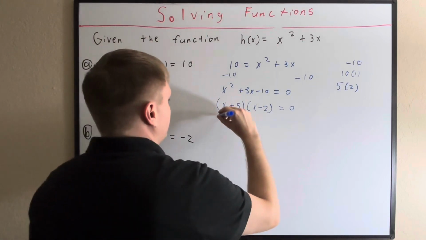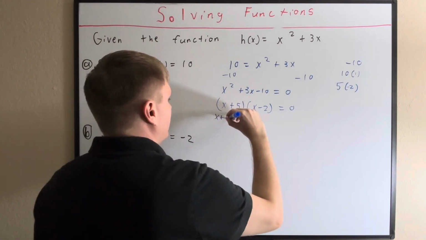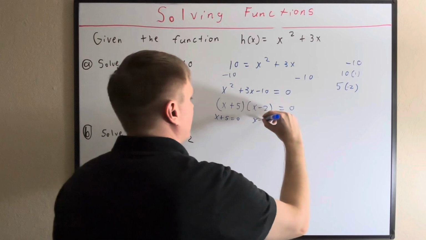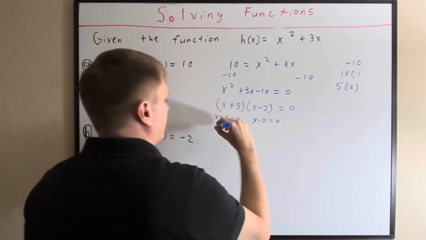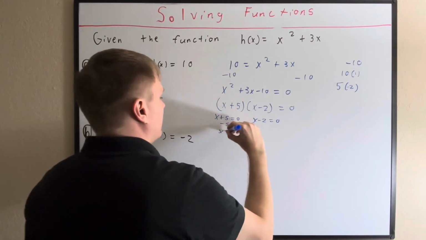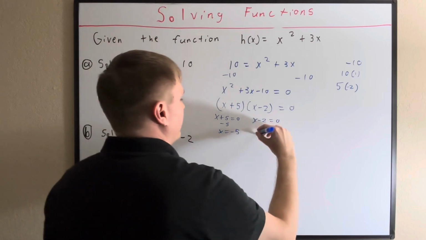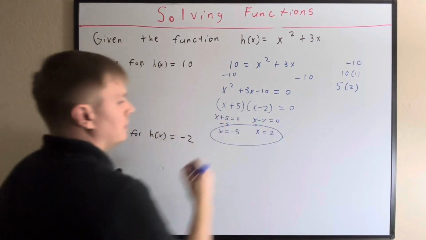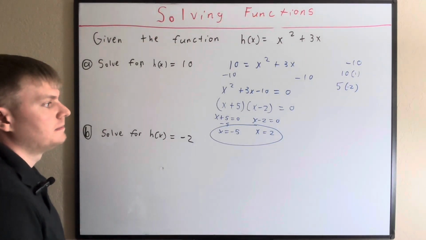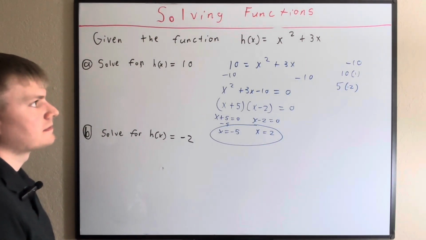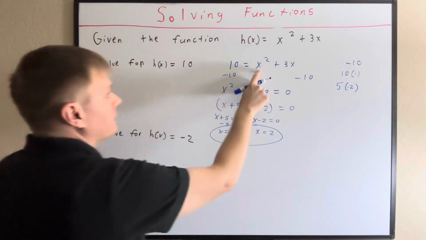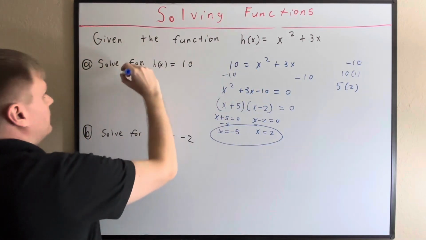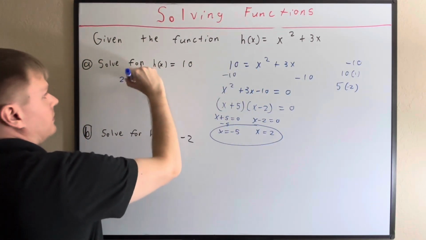All right, so set those equal to 0, right? And you get x equals negative 5 and x equals 2. And you can check those answers as well. Negative 5 squared, 25.